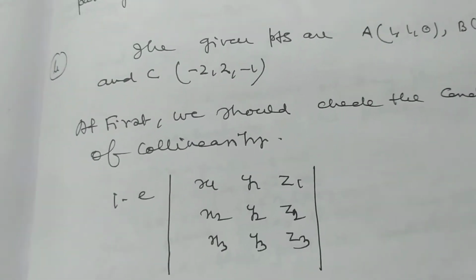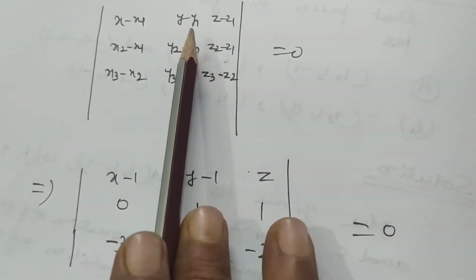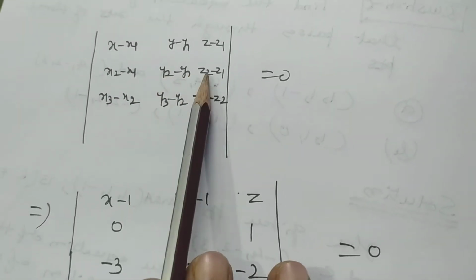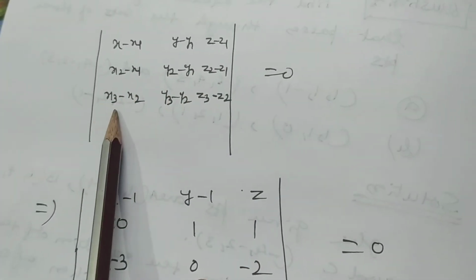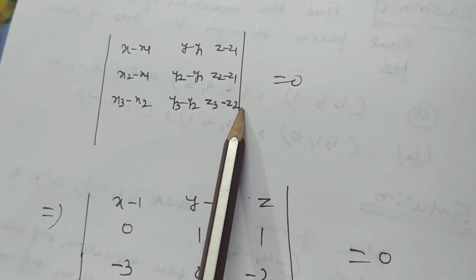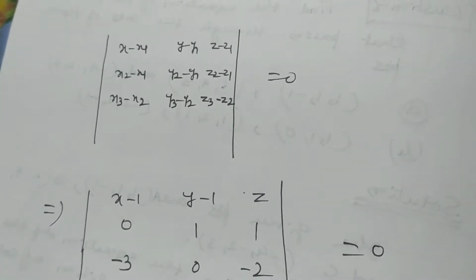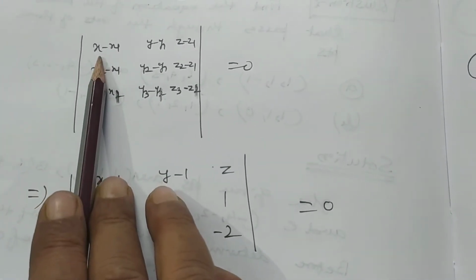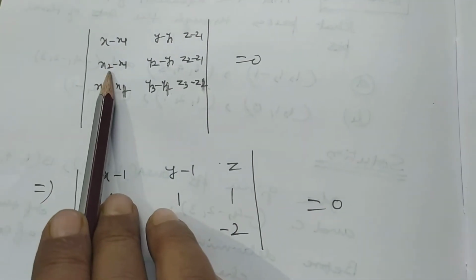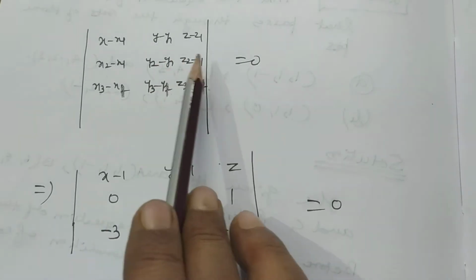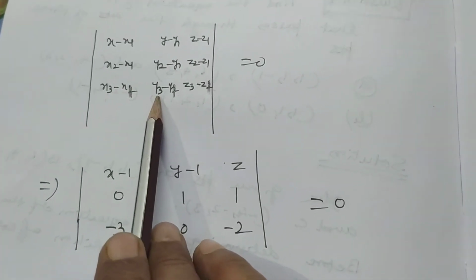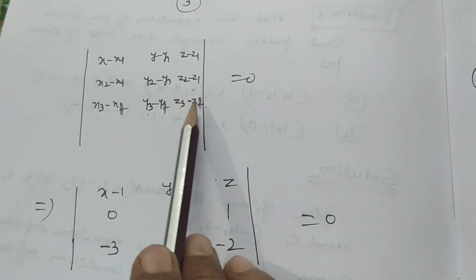So now, the equation of the plane is the determinant with rows x minus x1, y minus y1, z minus z1; x2 minus x1, y2 minus y1, z2 minus z1; x3 minus x1, y3 minus y1, z3 minus z1.